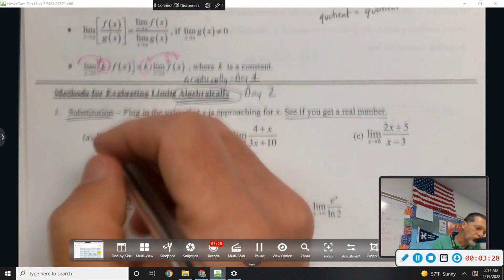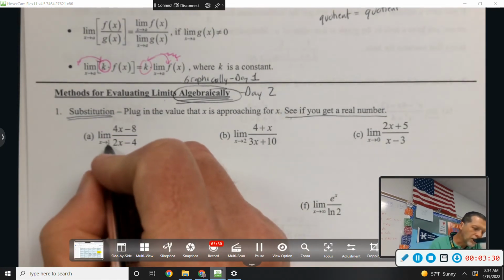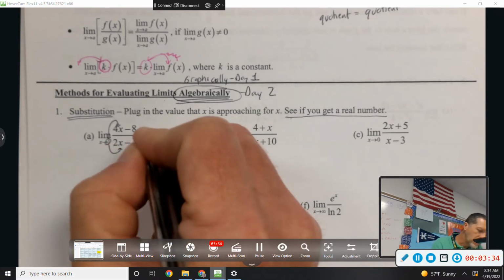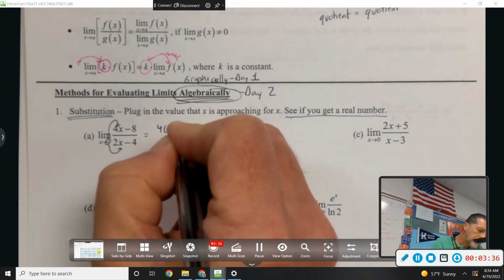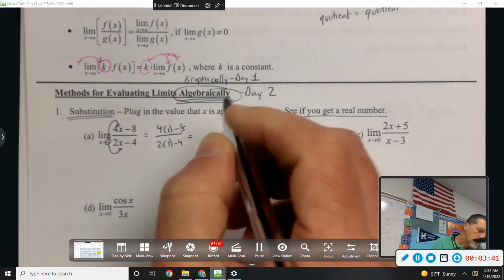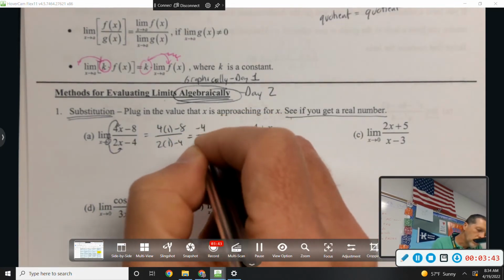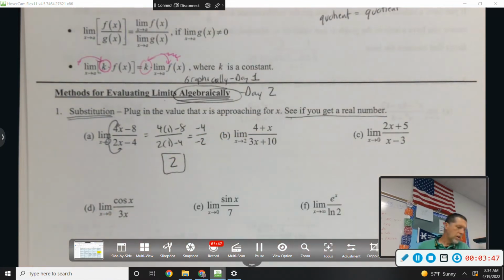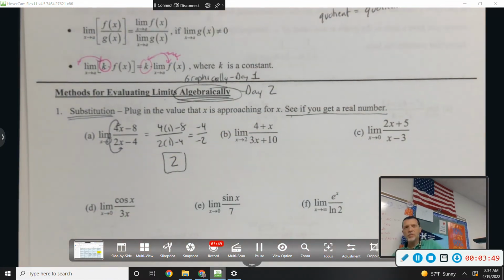So substitution just means, well, let's plug in 1 and see what we get. So 1 goes in for x in top and bottom. So that would be -4 over -2, and that would be 2. If you get a real number, that's your answer.